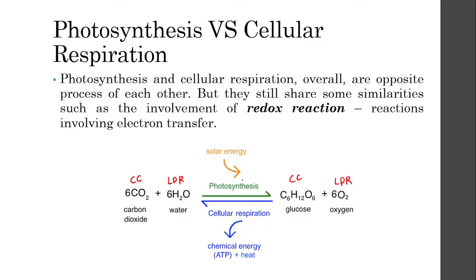So this is the whole process of photosynthesis. And during the light-dependent reactions, we also create what we call the NADH and ATPs, right? And this NADH and ATP is being utilized by the Calvin cycle to turn carbon dioxide into glucose. But for cellular respiration, it's happening on the opposite side.